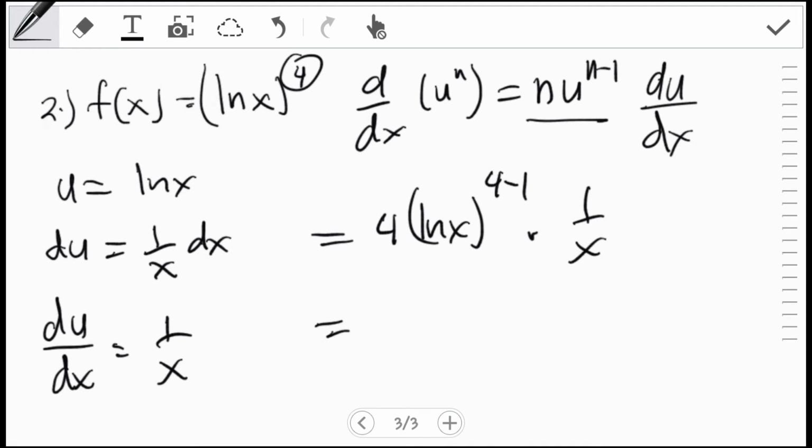Simplify: 4 over x times ln x to the power 3.